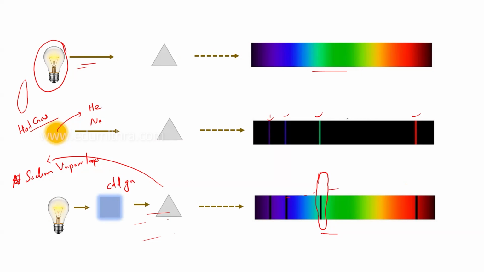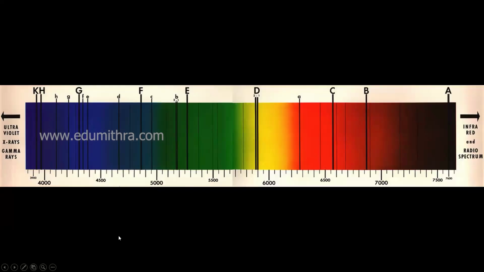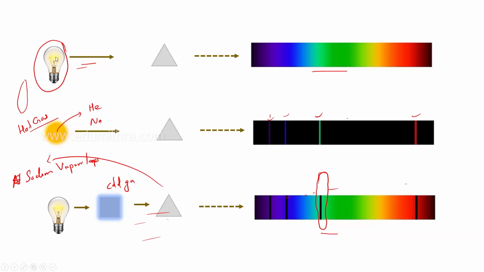Now we are sending the light through the cold gas and again through a prism, and the final result you can see here. So what is the final result? If it was only the bulb, that incandescent light, then it will give you a continuous spectrum. But here, when we send it through a cold gas, there will be some absence of light.